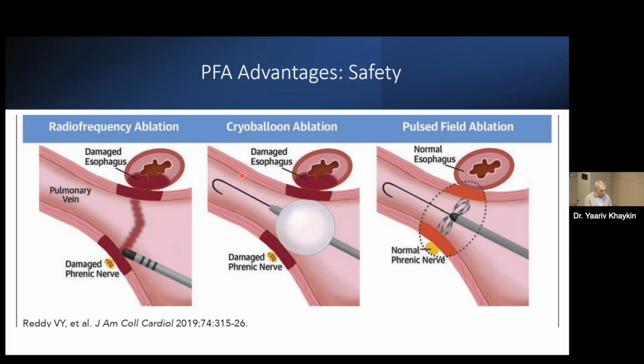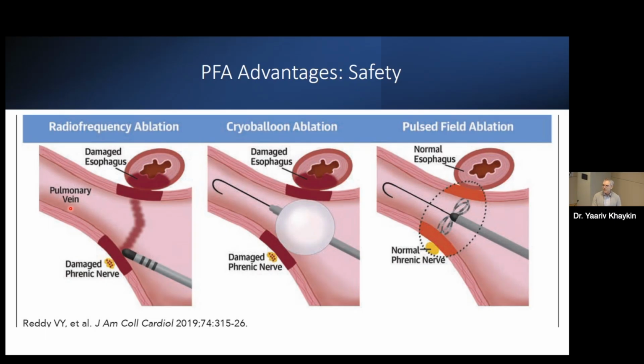So some of the complications of the traditional thermal ablation, be it radiofrequency or cryo or freezing ablation, have been narrowing of the pulmonary veins, because as you know, when you pour boiling oil on your skin it shrinks, and hopefully you don't do that.